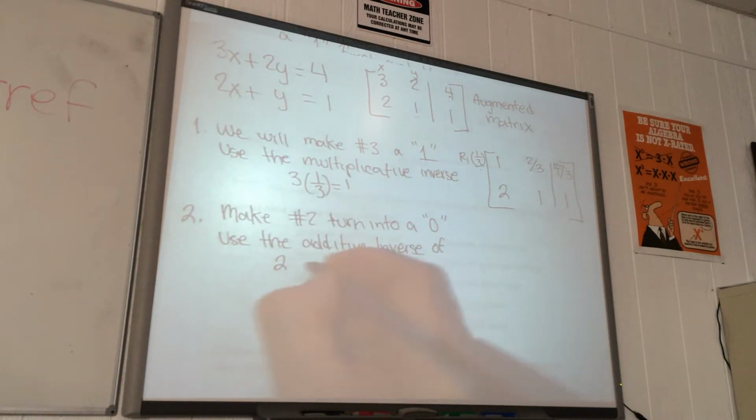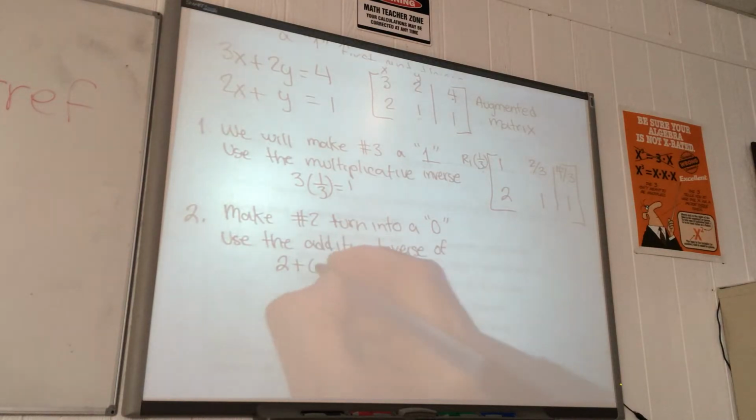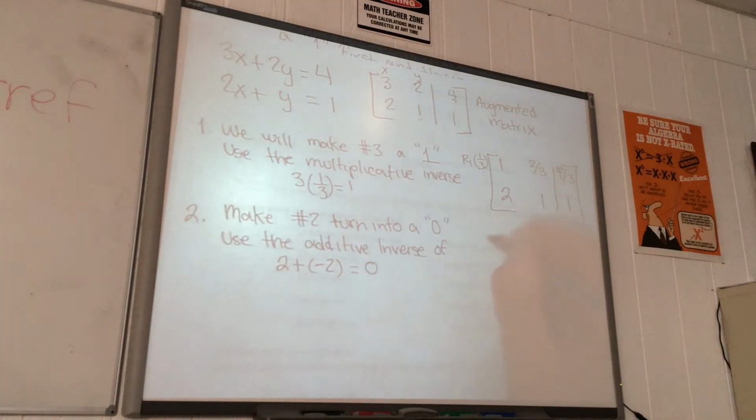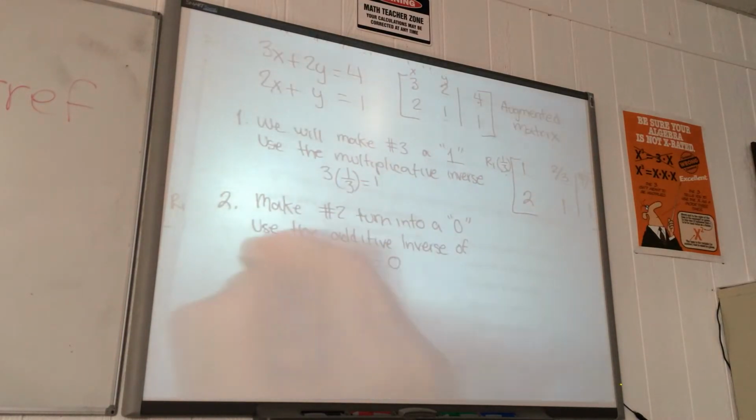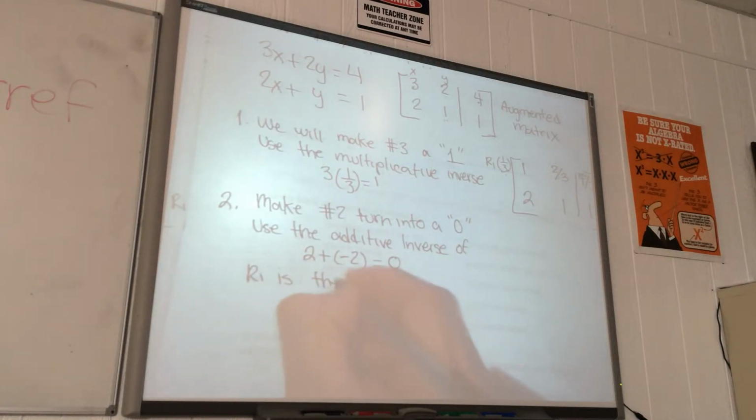So what do you need to add to 2 to make it a 0? -2. So then, one very important thing is that now R1 is the leading row.